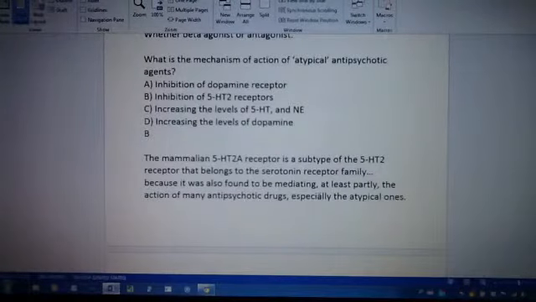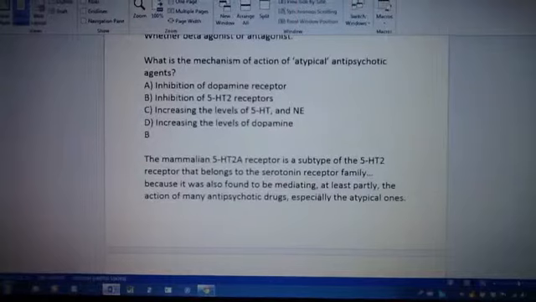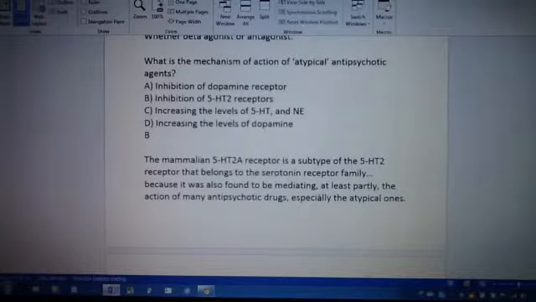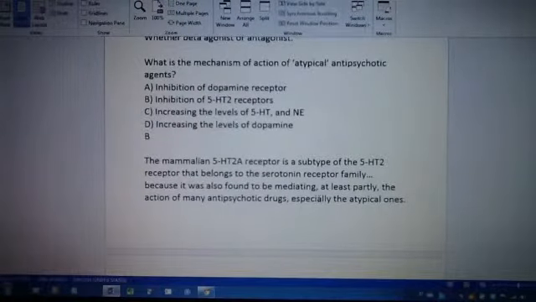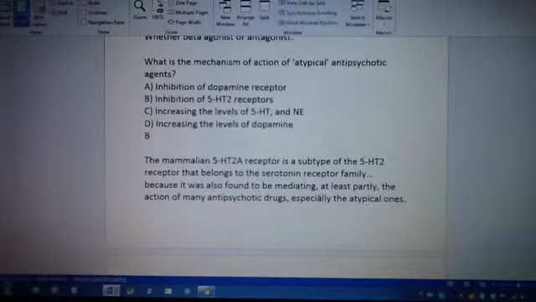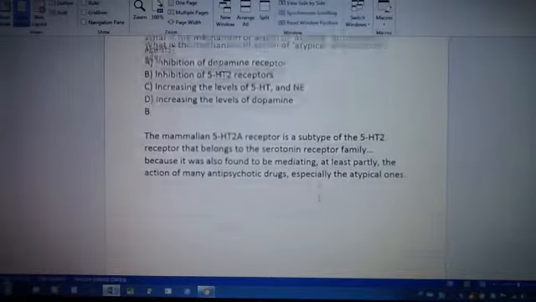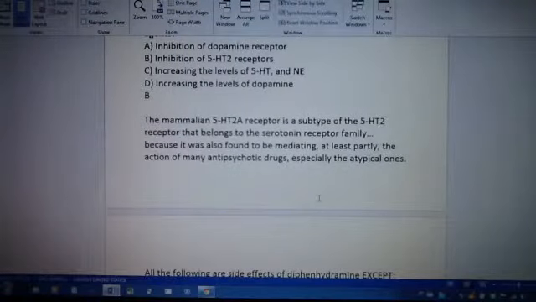The mammalian 5-HT2 receptors are a subtype of the serotonin receptor family. So when you hear 5-HT2, you know it's serotonin, because it was also found to be mediating, at least partly, the action of many antipsychotic drugs, especially the atypical ones. Looks like I cut and pasted something here.